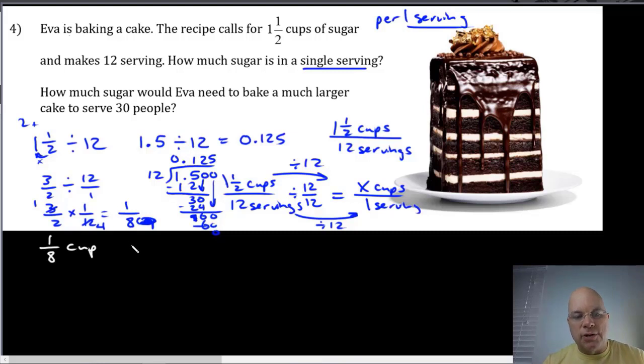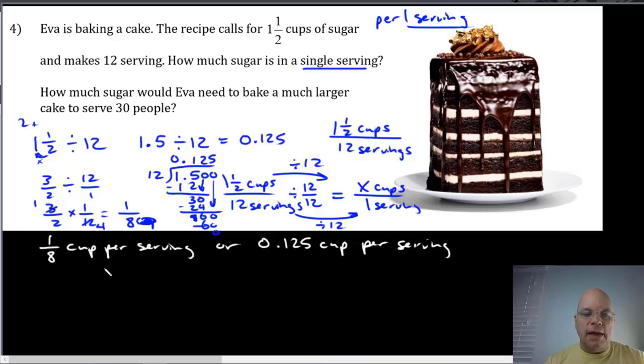So expressed as a fraction, it's 1/8 cup per serving, or 0.125, 125 thousandths cups per serving. That's the unit rate. That's how many cups of sugar are required for one serving. If you want to know how many cups of sugar are required for 30 people, you would just multiply by 30.